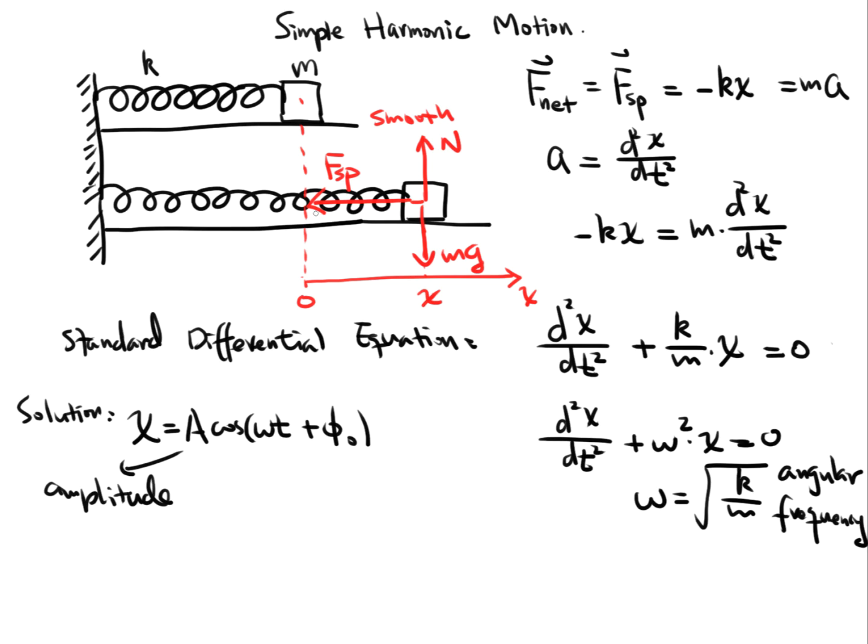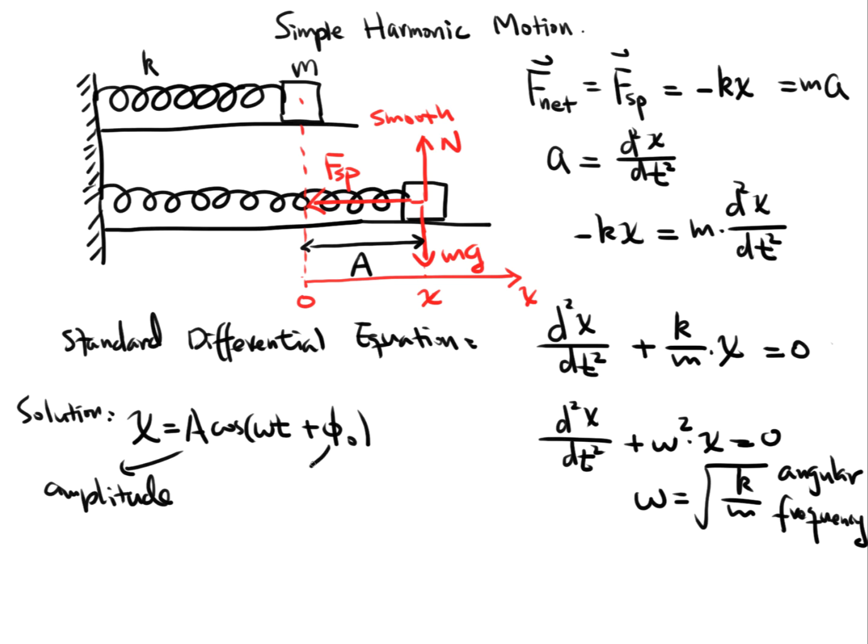Let's say we pull the mass m from the equilibrium position to a new position here, and then let go. Then this distance is the amplitude A. And omega, already defined, is the angular frequency.